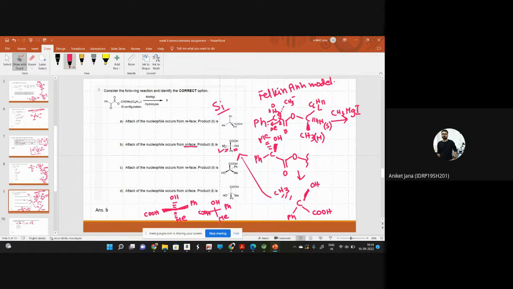Giving a 90-degree anti-clockwise rotation so that the OH and the methyl group are on the vertical line, below the phenyl, and then putting it in the normal Fischer form. Okay, sir, I'm clear, thank you.